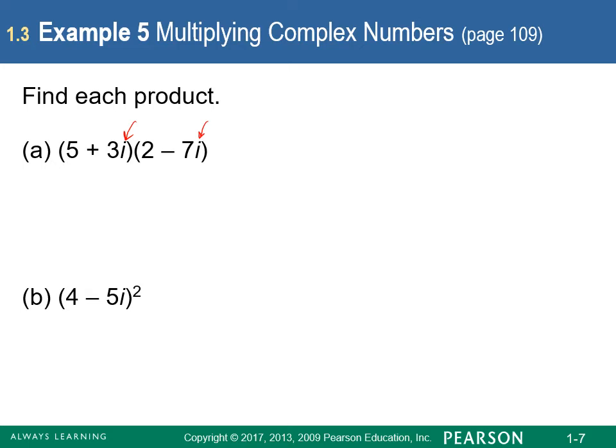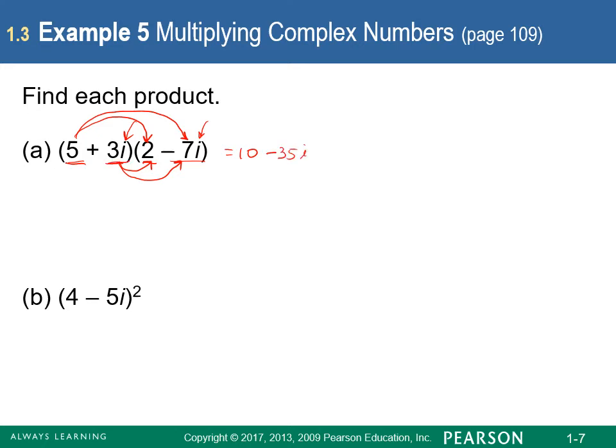So using the distributive property on this one, we need to multiply these two together, and then combine like terms. So we'd have a 5 times 2, which is 10. We'd have a 5 times a negative 7i, which is negative 35i.